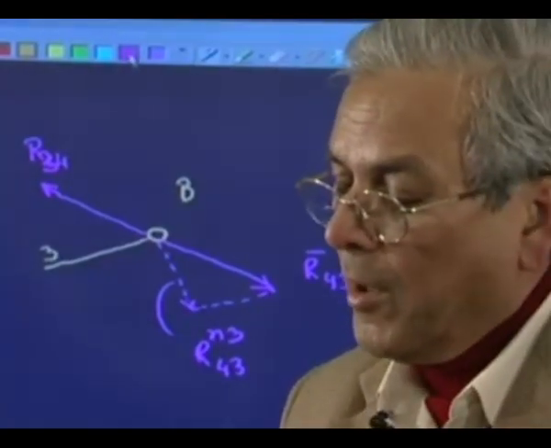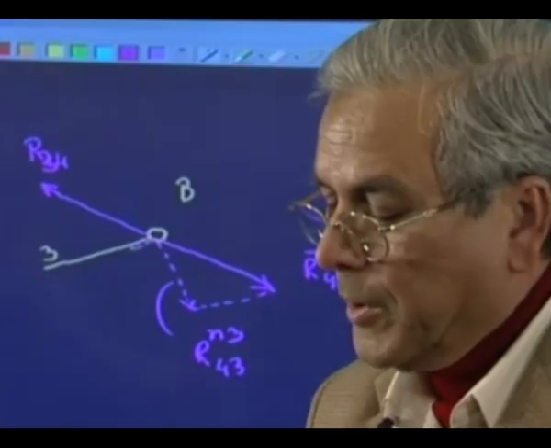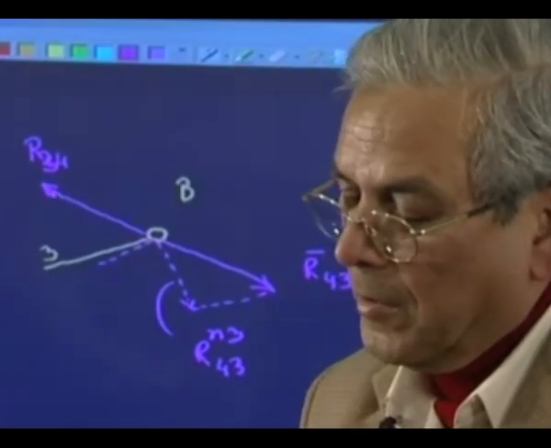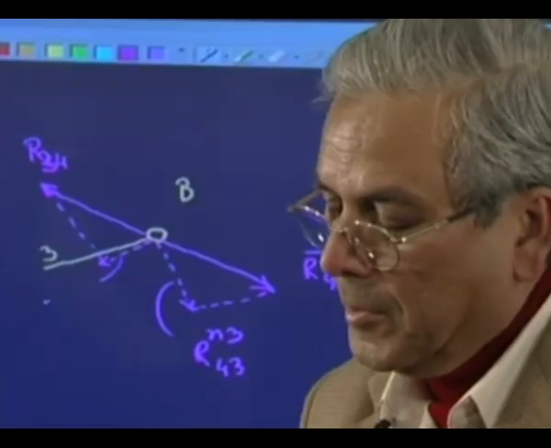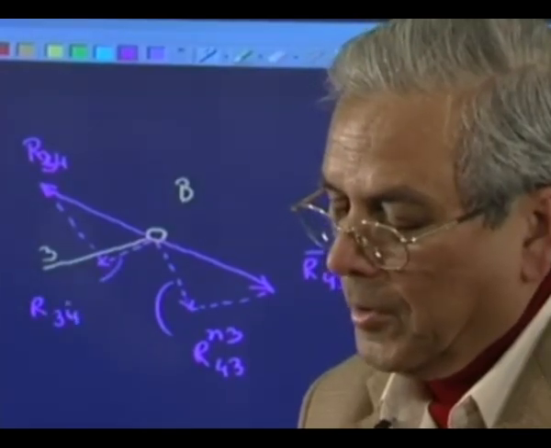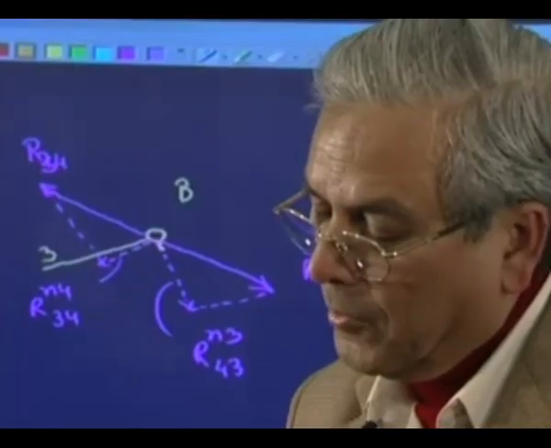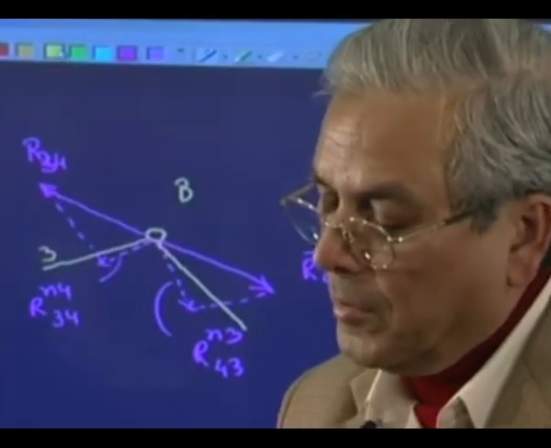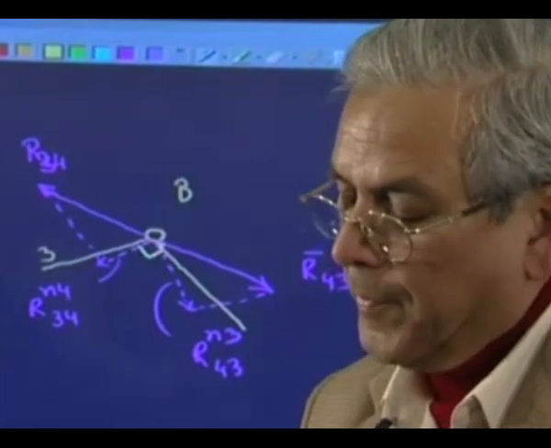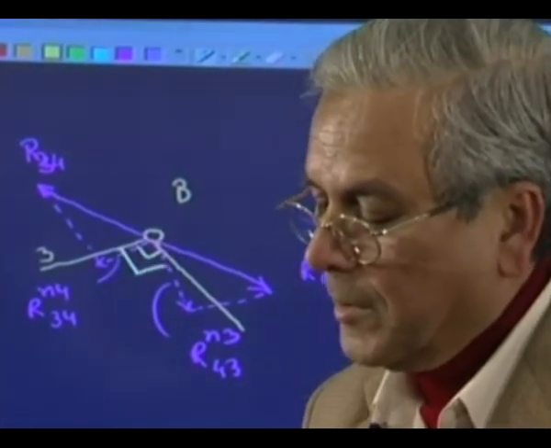We have also found out another component of this R34, which is R34 normal to 4, because link 4 or the crank was in this direction. So this is 90 degrees and this is 90 degrees.